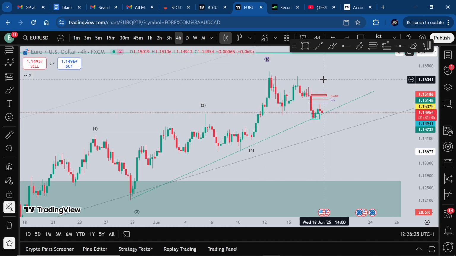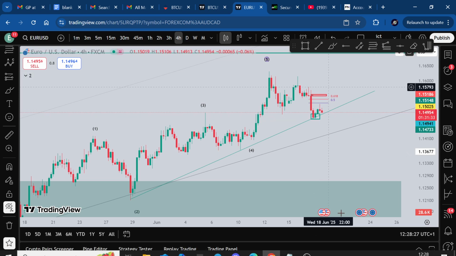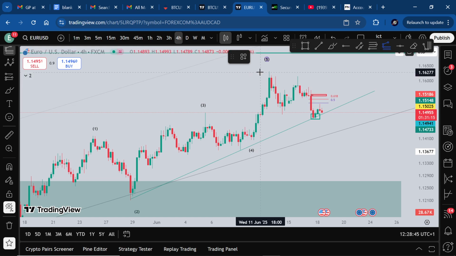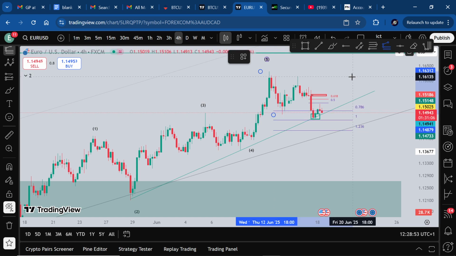Now this could extend and go a lot longer. It all depends on how this forms, because I'm not even convinced that we're coming down now. We could be, but if I'm looking at this as a 1 and a 2, this becomes a proper, completed 3 when we've reached the 1.618 area. 3s do not have to hit the 1.618 area, but they by far most commonly do.